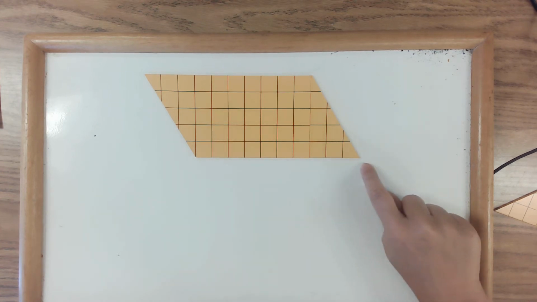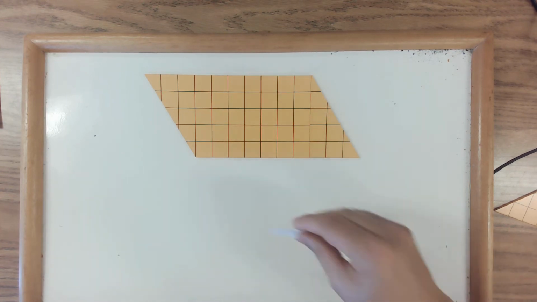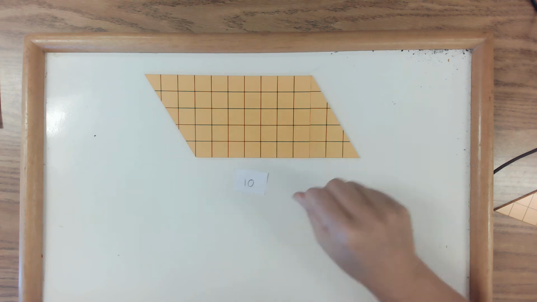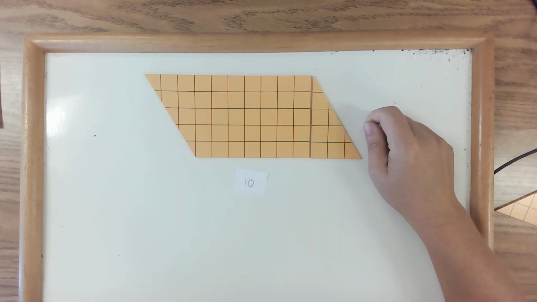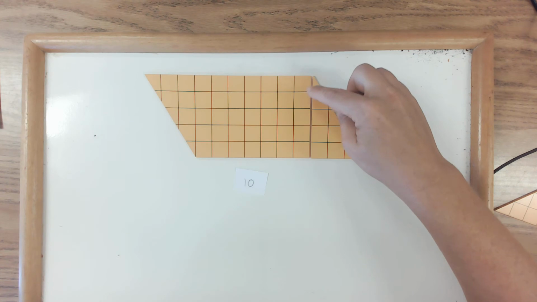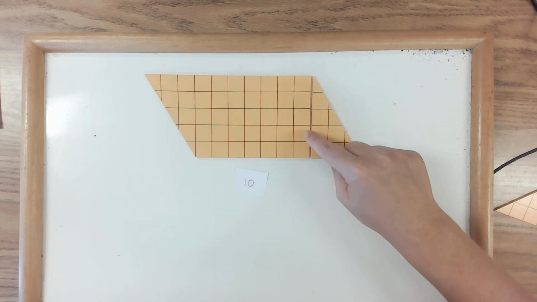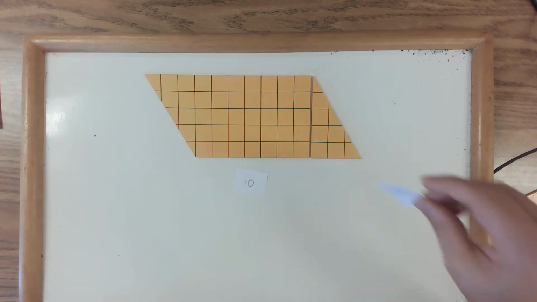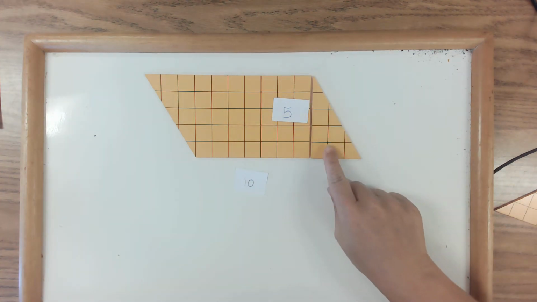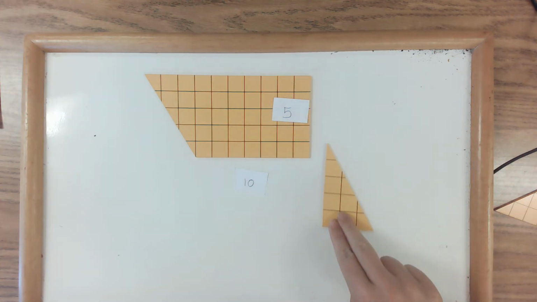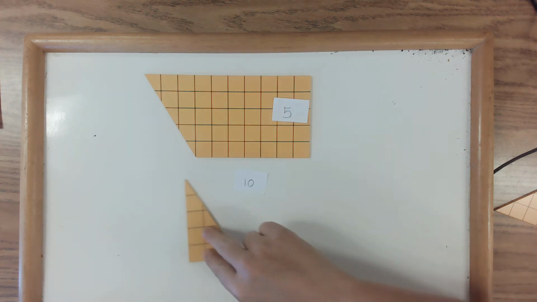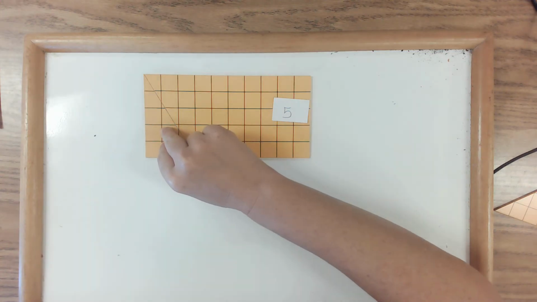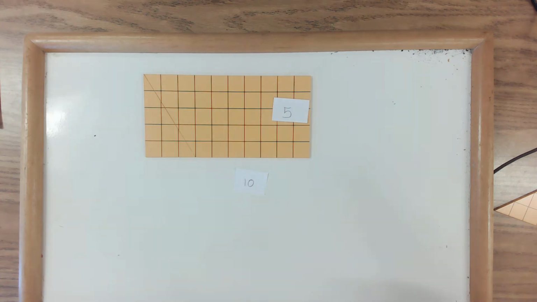So we have 10 as the number on our base. Now we're going to look at our height and count how many squares make up the height. 1, 2, 3, 4, and 5. 5 is the height.